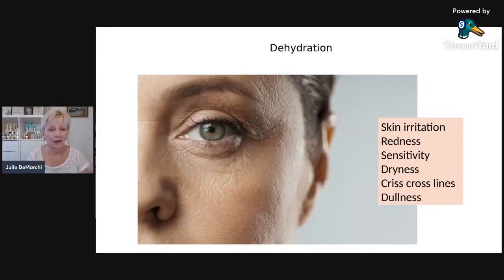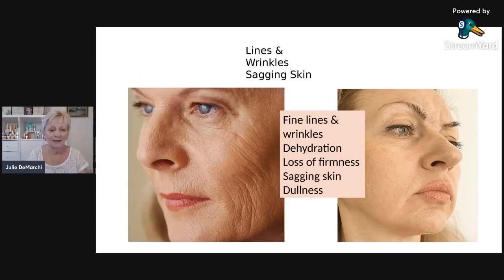The next one I want to talk about is, oh goodness, I'll get it right sometime, lines and wrinkles and sagging skin and premature aging. As we age, our skin doesn't rejuvenate like it used to. That beautiful, plump, unlined skin we had at 20 starts to get those little fine lines and wrinkles, probably about late 20s, 30s.